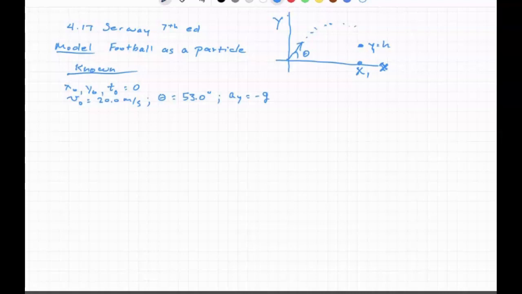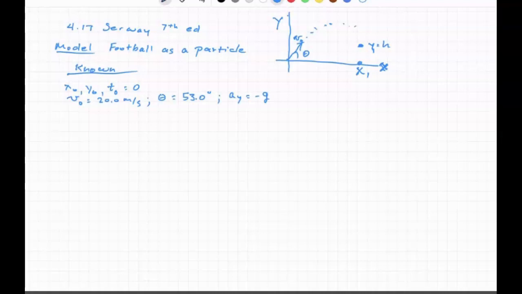So let's now recall what information is known. We know that the initial position in the x direction and the y direction and the initial time are all equal to 0. We also know that the initial velocity, as shown in the figure, has a magnitude of 20.0 meters per second, and the launch angle theta is equal to 53.0 degrees.